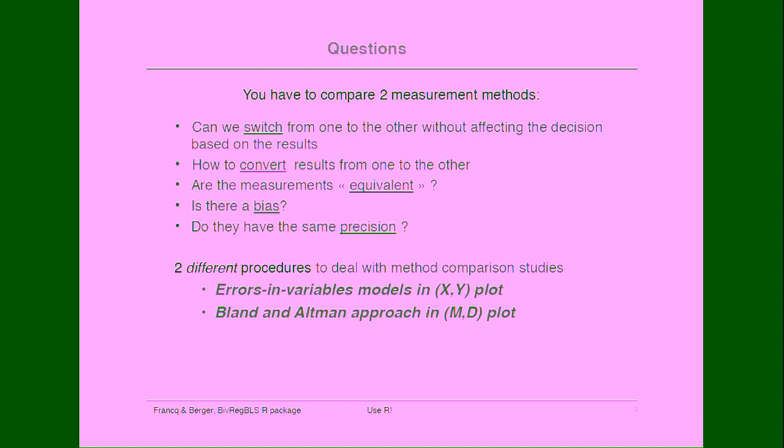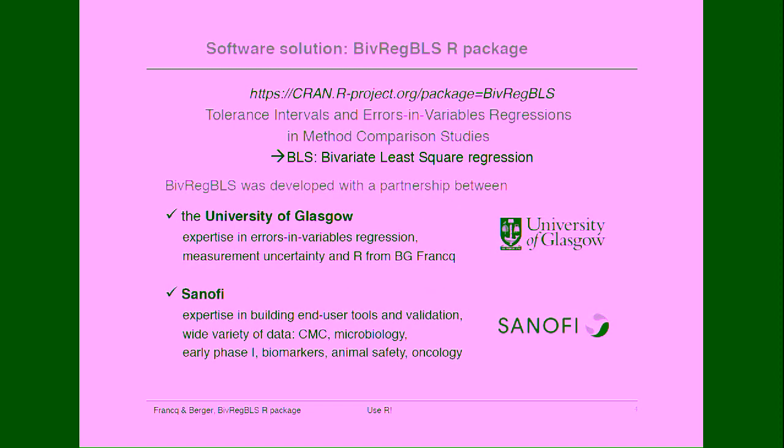Now if you want just to plot the data, you can use the package BivRegBLS. It is on CRAN, and it was developed in a collaboration between the University of Glasgow and Sanofi. So don't hesitate to try it.